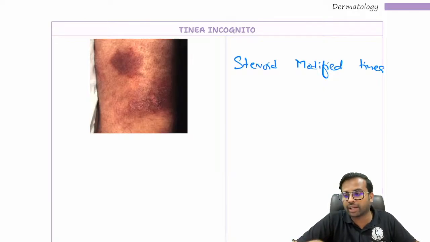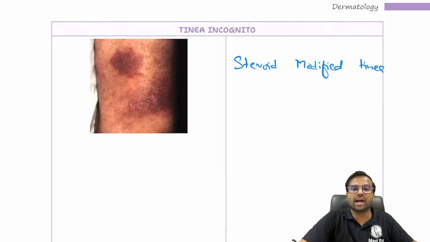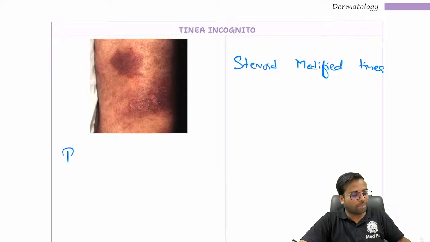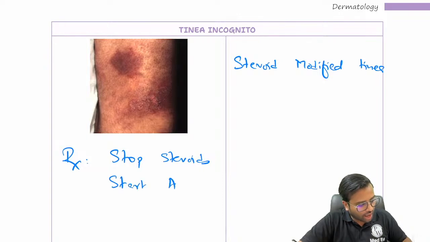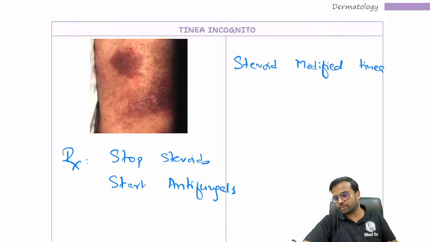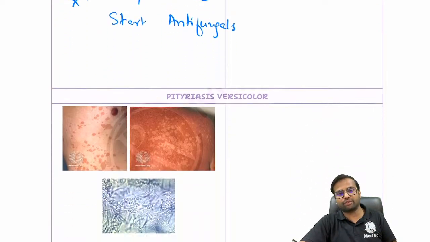Instead of antifungal agents, if you use a steroid cream to treat a fungal infection, that is called tinea incognito. So here what should the treatment be? You have to stop steroids and start antifungals.